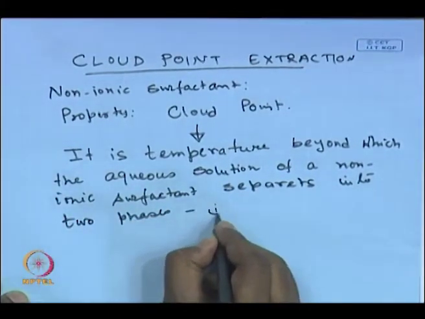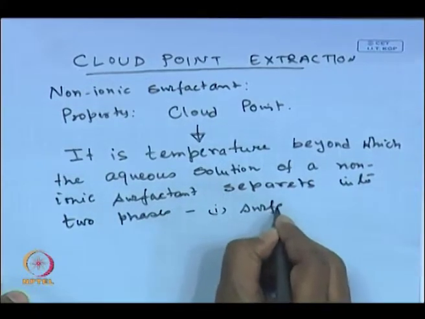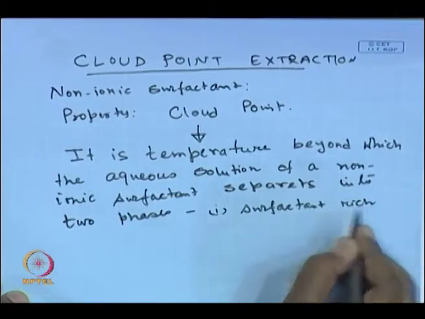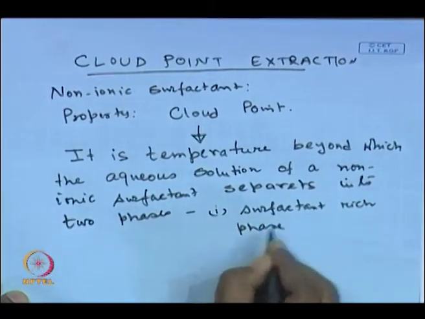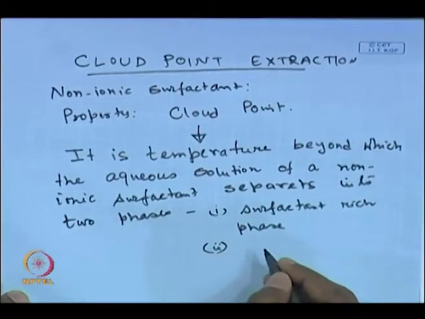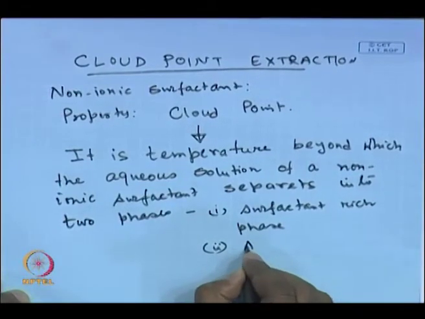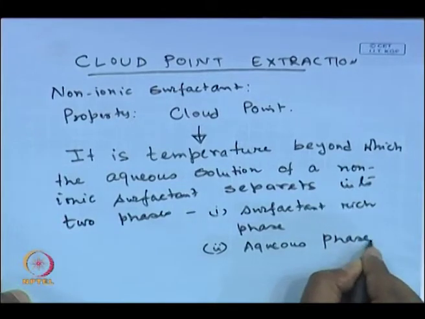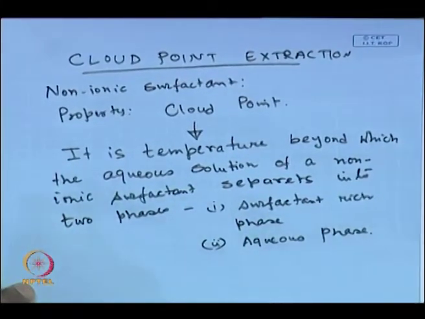One is the surfactant rich phase, another is the surfactant lean phase or the aqueous phase. Okay. This particular temperature is known as the cloud point corresponding to that particular non-ionic surfactant. So, every non-ionic surfactant will have its own characteristic cloud point temperature.